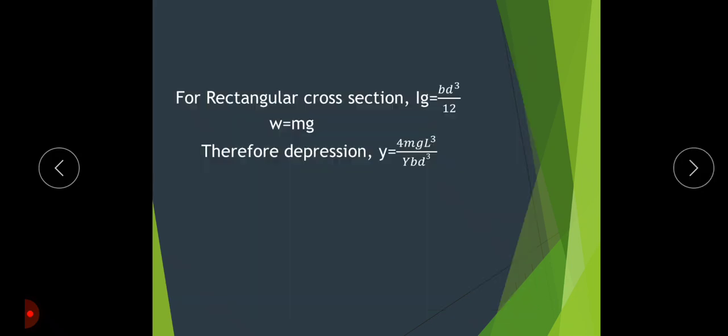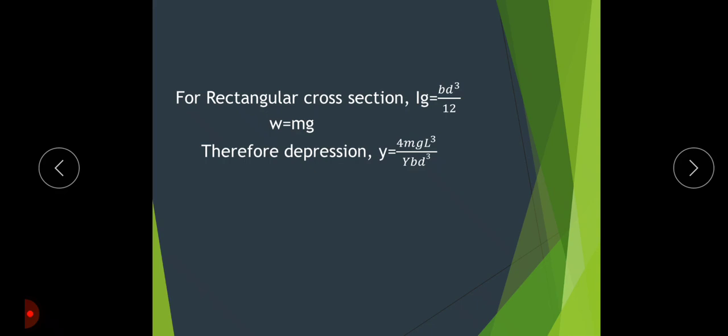And next, for a rectangular cross section, Ig is taken as B into D cube divided by 12, where B is the breadth of the rectangular cross section and D is the height of the rectangular cross section. So Ig is equal to B into D cube divided by 12.